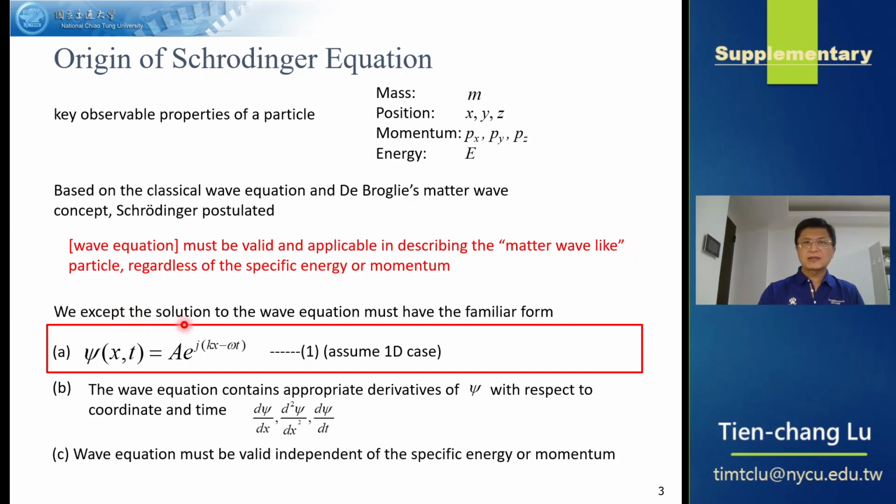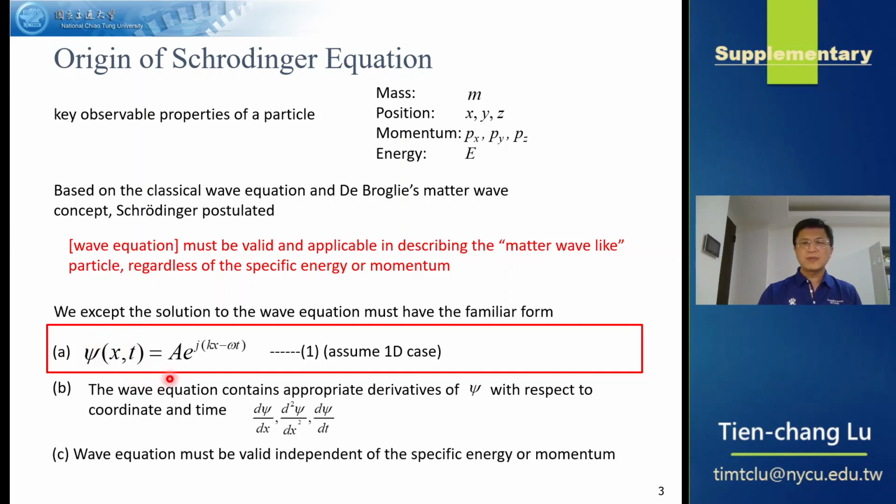we expect the solution to the wave equations must have the familiar form of the wave functions. These wave functions are expressed in terms of space and time. Here for simplicity, we just assume the one-dimensional case, that is, in the x direction. So these wave functions depend on the spatial dimension x, and also depend on the time domain, t.